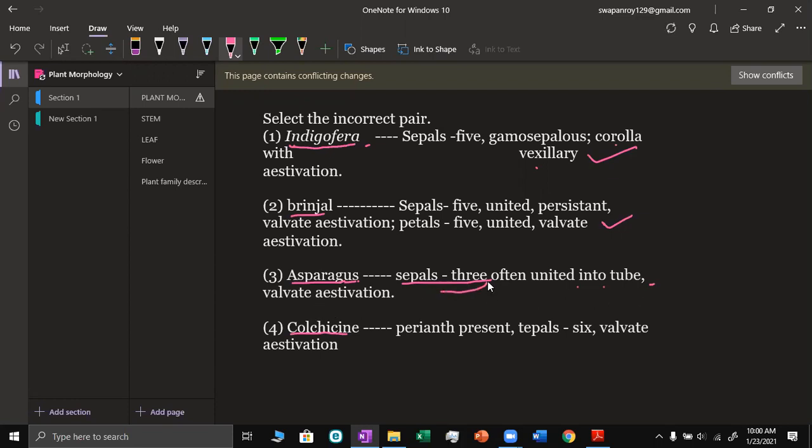This one is the incorrect pair. Here colchicine also is monocot, here the perianth is present, tepals, that is the unit of perianth is called tepals. They are 6 in number, 3 plus 3, valvate aestivation. This is correct. This one is wrong. So the answer is this.